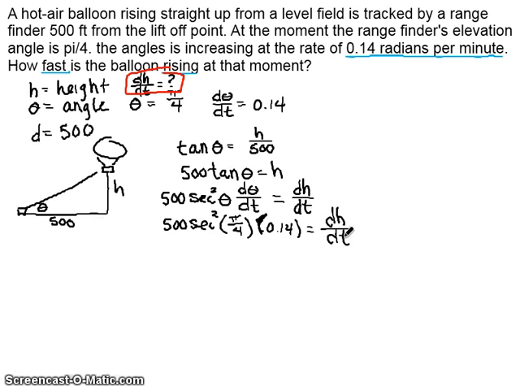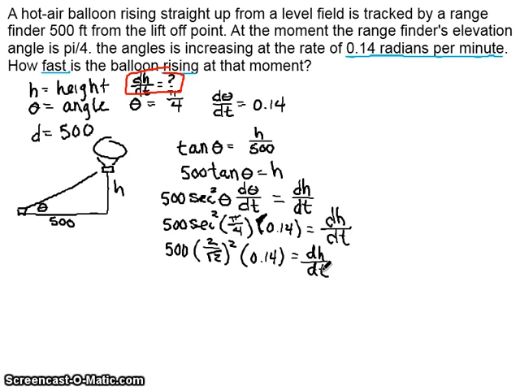So if we think about secant of pi over 4, secant of pi over 4 is going to be 2 over radical 2, because cosine of pi over 4 is radical 2 over 2. So we get 2 over radical 2 squared times 0.14 equals dh dt.